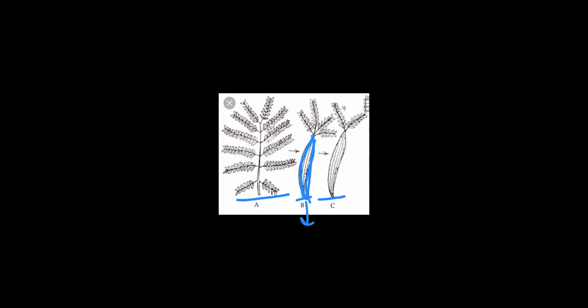This petiole becomes flat and green in color. Green means it possesses chlorophyll, so now this petiole can form food for the plant. Why does the petiole perform photosynthesis?